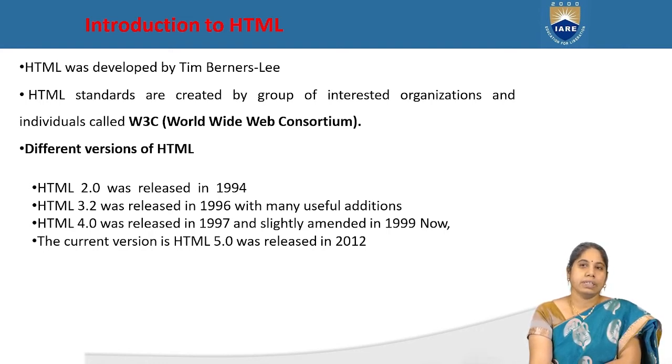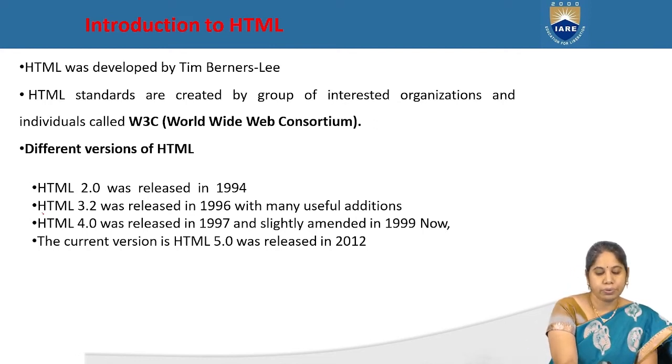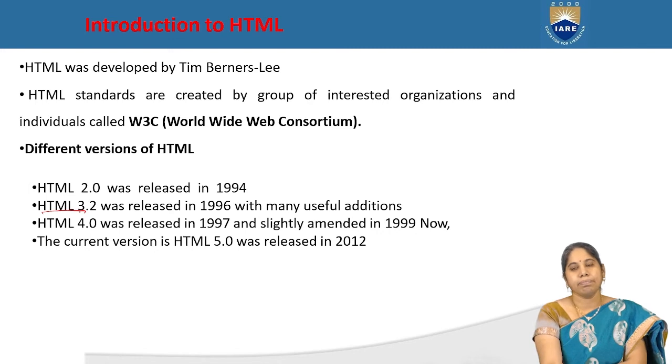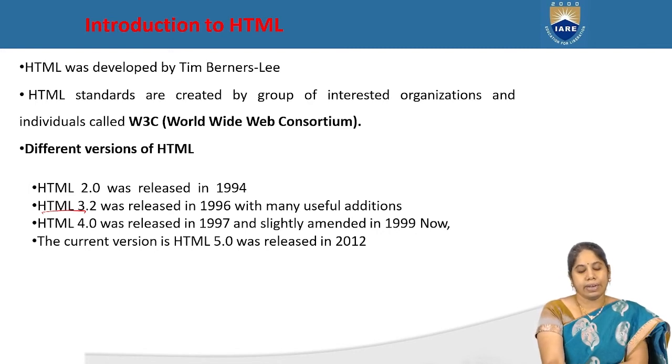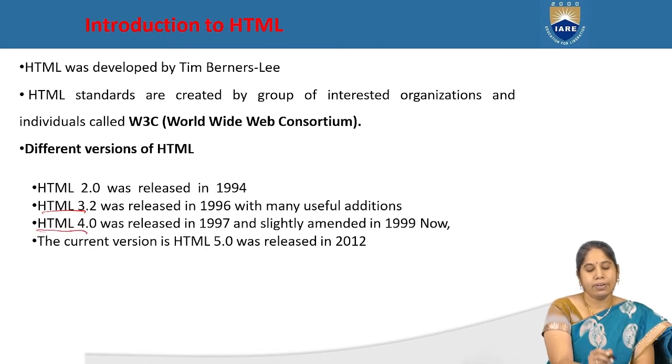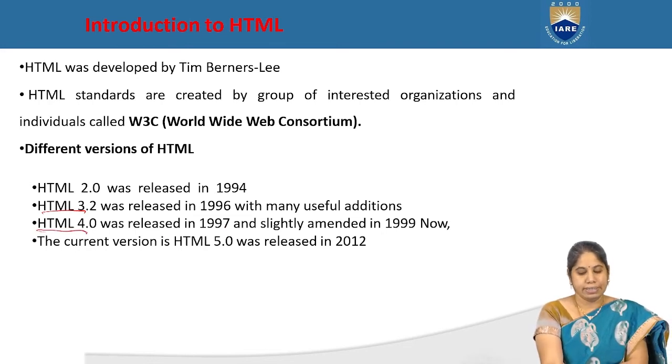After that, in 1996, HTML 3.2 was released with some additions. Later, in 1997, HTML 4.0 was released and slightly amended in 1999.